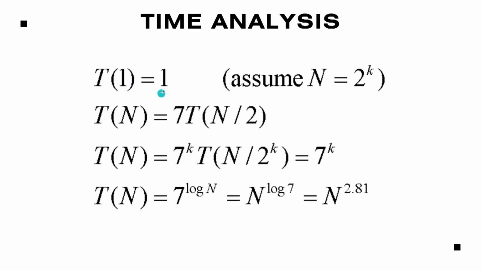For instance, if you take the time analysis of this Strassen's multiplication, when we have only one element in each of those input arrays A and B, then our T of 1 should be 1.